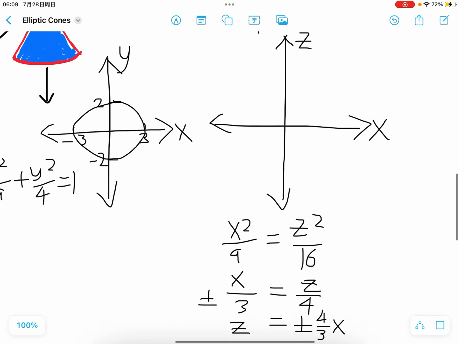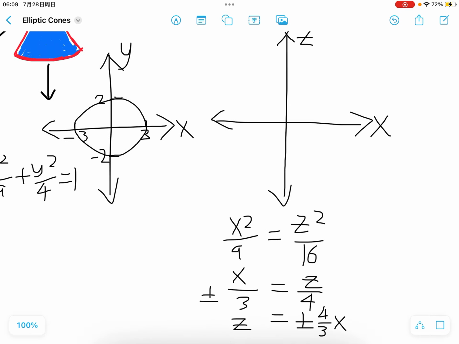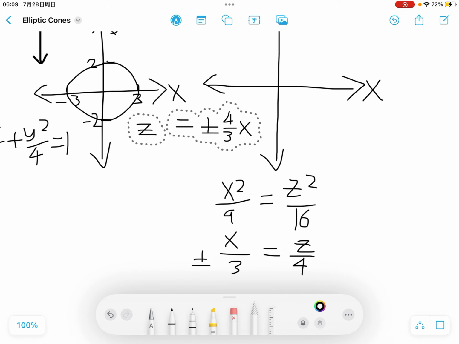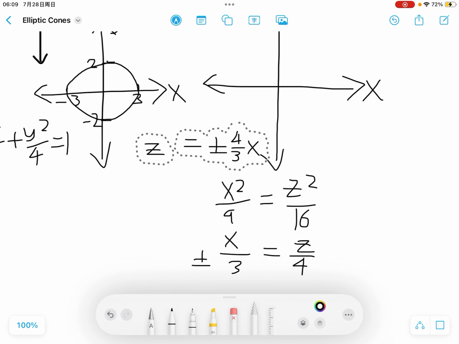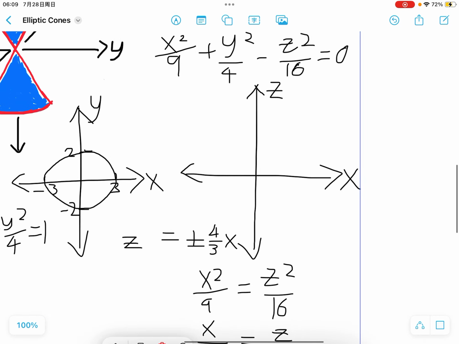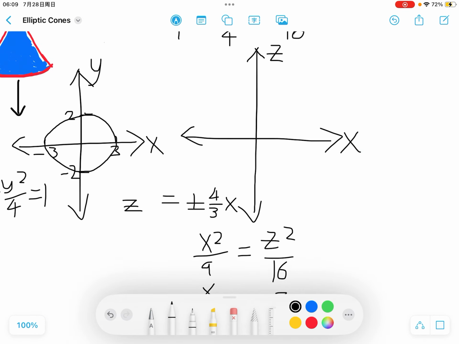So we can graph that. Let me just move this equation up here, and basically if you just graph those lines, we get something. They both intersect at the origin, and that also makes sense.